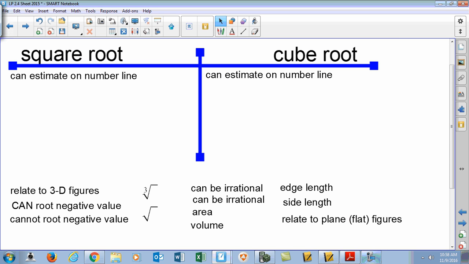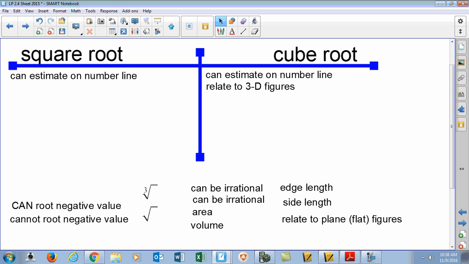All right, so the first one is relate to 3D figures. Where should that go? Right, cube, right, volume. 3D figures are cubic because it's length times width times height. So, can root a negative value.